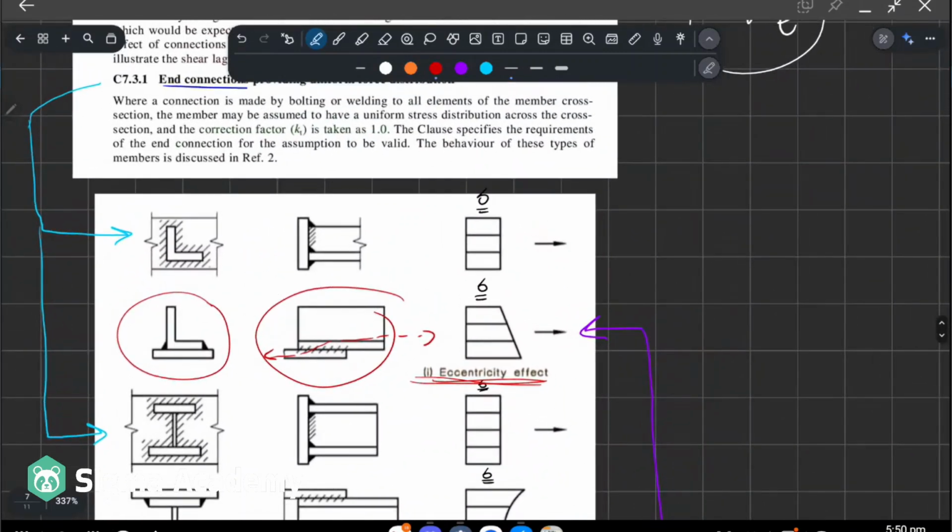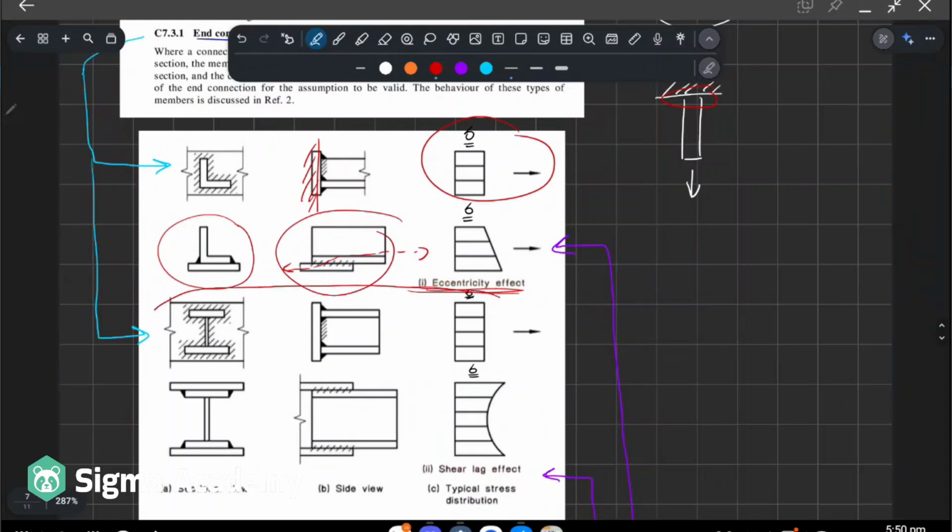concentric. What this commentary says is if it's an end connection, right? So imagine this is like a fixed support. Imagine like a tension hanger. It's like a fixed support, and then something's pulling down on it like that. So that's an end connection there, and that is where you have the uniform stress distribution, right?